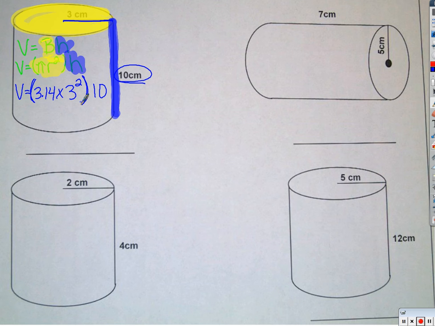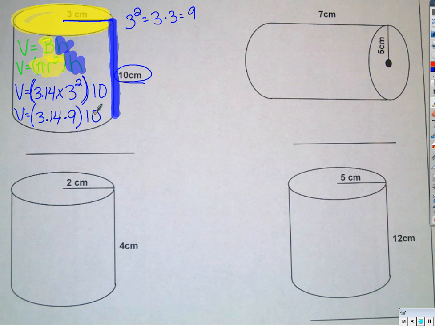We're going to solve our exponent, which is 3 to the second power. And 3 to the second power is the same thing as 3 times 3, and 3 times 3 equals 9. So I have volume equals 3.14 times 9, close my parentheses, times 10.